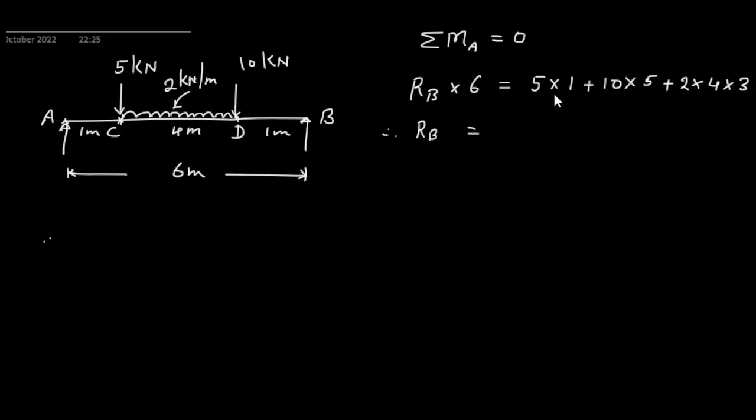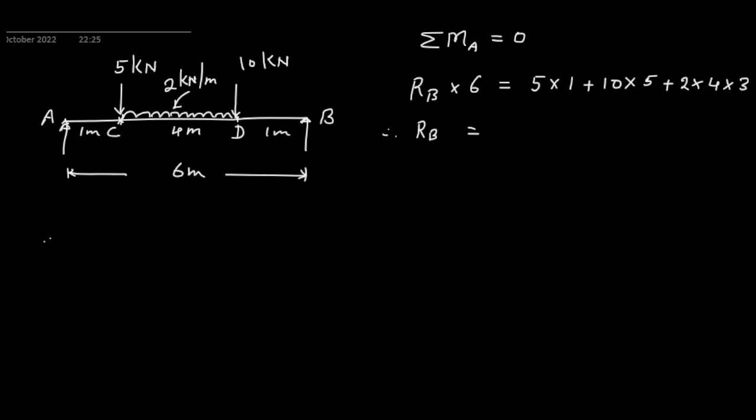Now this RB is equal to, here the calculation, I will use calculator. So it is 5 times 1, 5, plus 10 times 5 is 50, plus 2 times 4 is 8, 8 times 3 is 24.